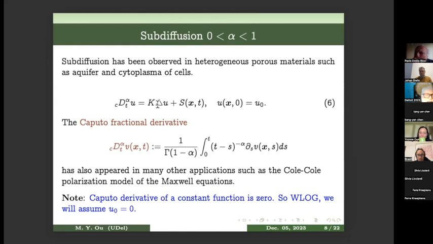The fractional derivative you have there has an eigenfunction. The eigenfunctions are related to a kind of exponential function.